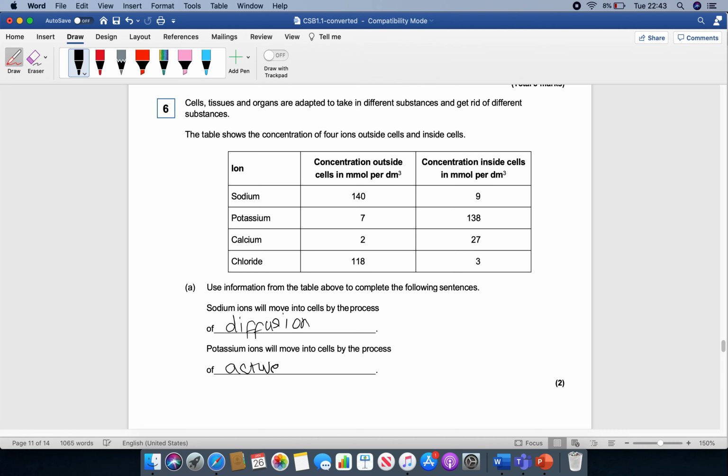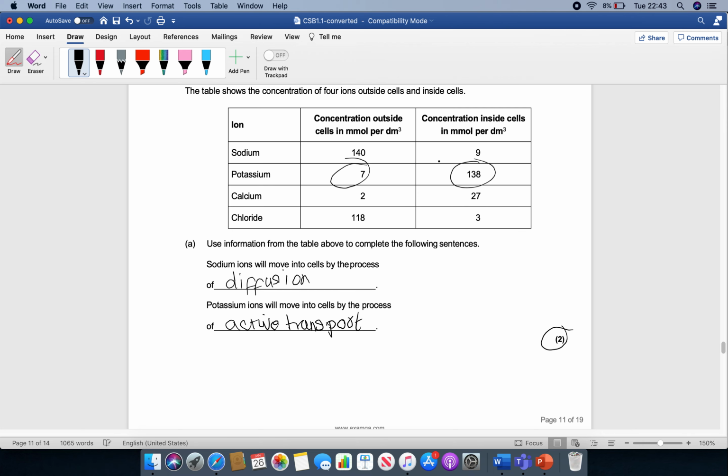So the key idea over here is that active transport moves substances from an area of lower concentration to an area of higher concentration, and that's what we can see here. There's a higher concentration inside the cells than outside the cells, and that will give you 2 marks.